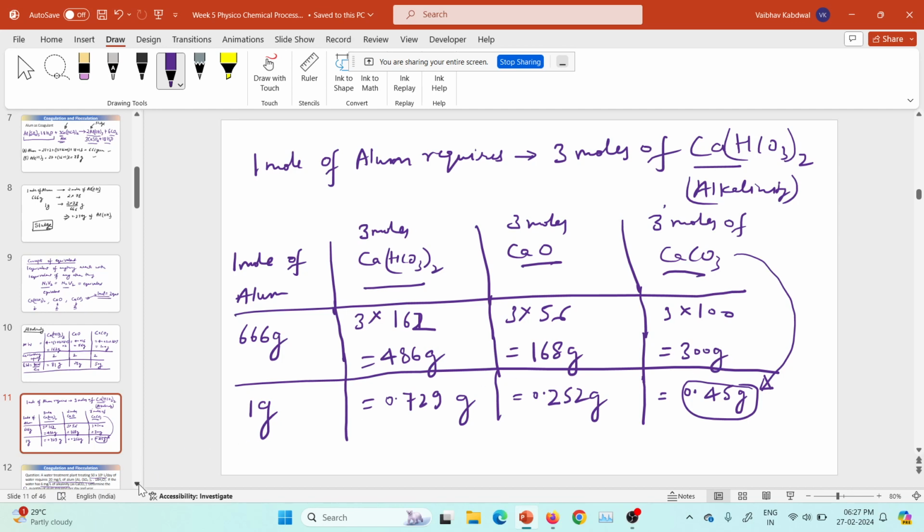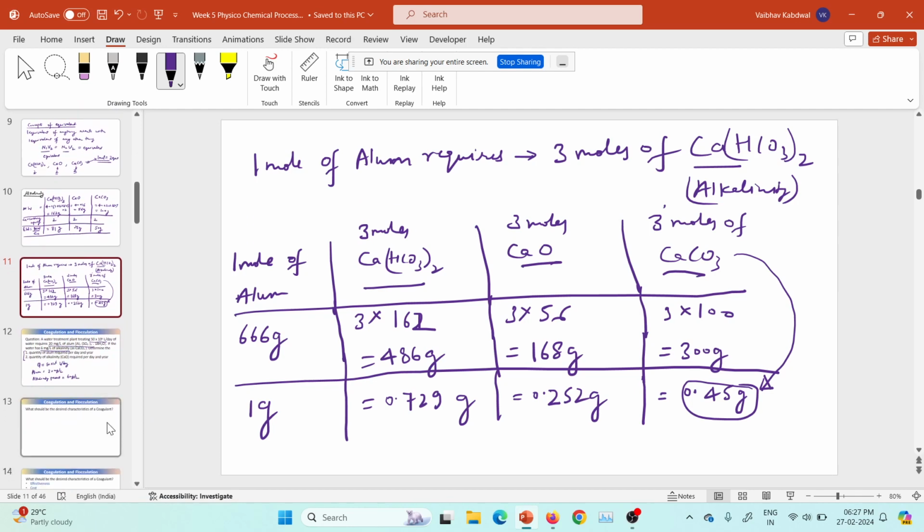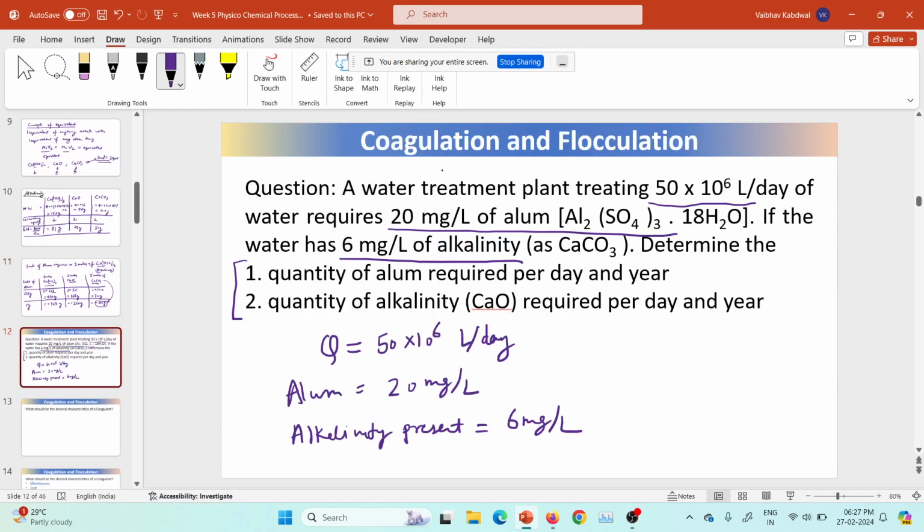So now we can solve our question. So this is the question. We are given discharge, flow rate, alum dose, and alkalinity present. From the previous alum equation we understood that alum requires alkalinity.